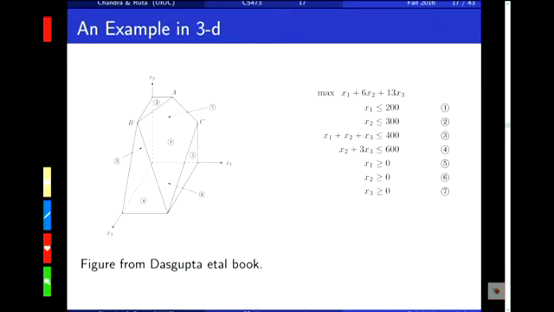Is this geometrical view clear? Somewhat? Right? When you say x1 equals 200, are you putting any restriction on y and z? Any point where y and z are anything, but x1 equals 200, will be on this plane. Right?